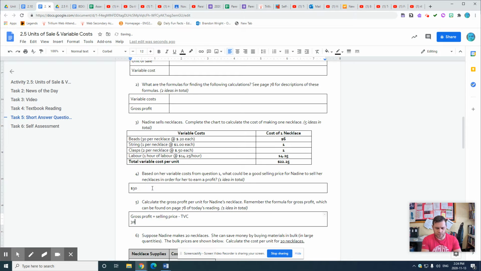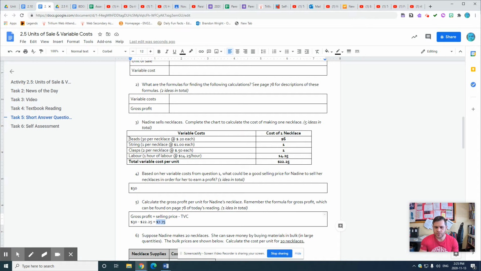So that is $30 minus $22.25. And that equals $7.75. So if she charges $30 per necklace, $7.75 will be her profit.